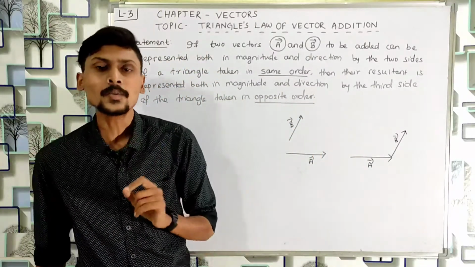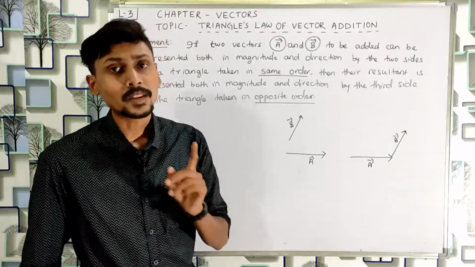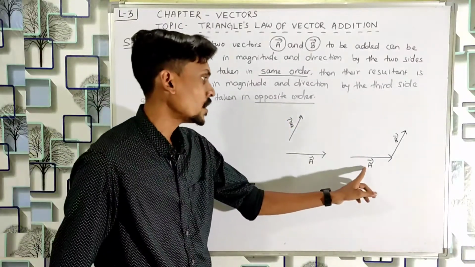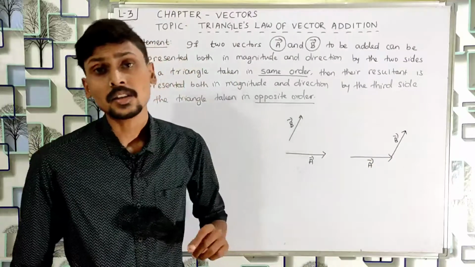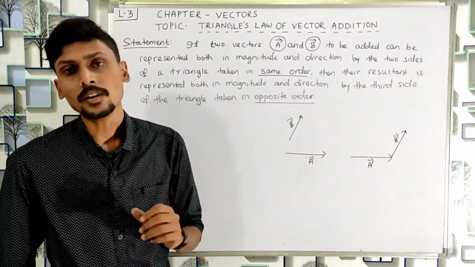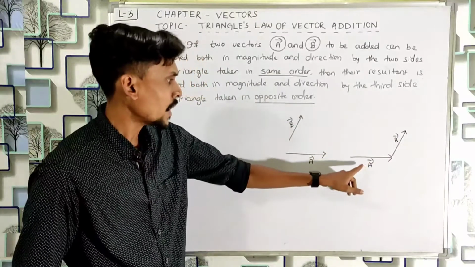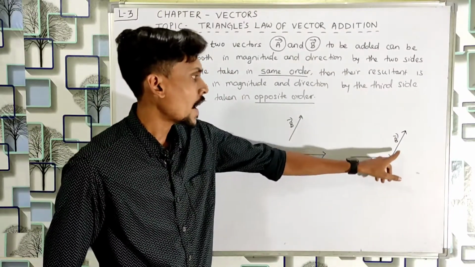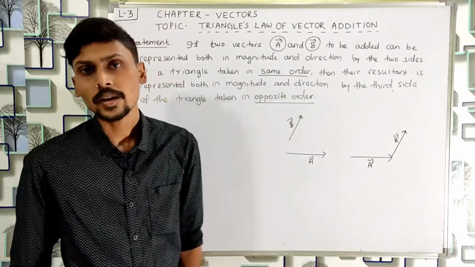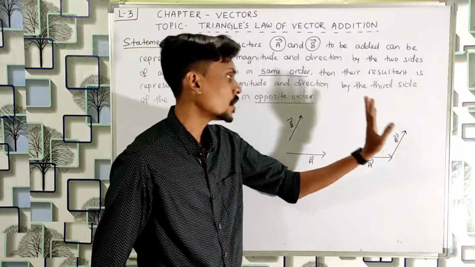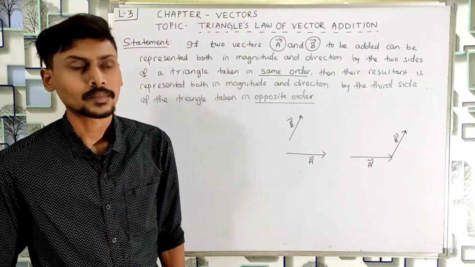And what is the reason behind shifting vector B? The reason is we have to arrange the two vectors as the two sides of the triangle, and they should be in the same order. You can see that the head of vector A and the tail of vector B are joined. So A vector and B vector are in the same order.